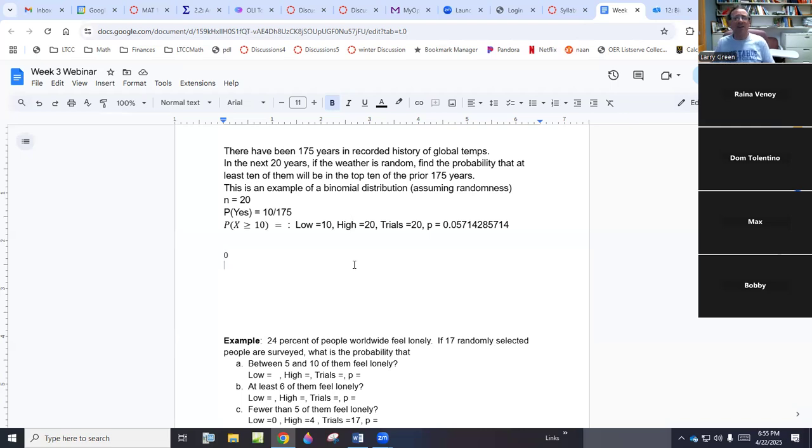Okay. It turns out all 10 of the top 10 of the last 175 years have happened in the last 20 years. Okay. But if the probability is 0, that means it shouldn't be able to happen. So what does that mean? If it can't happen and it happened, what does that mean?